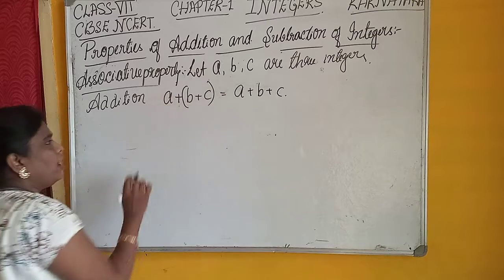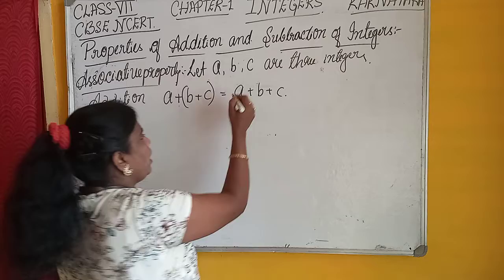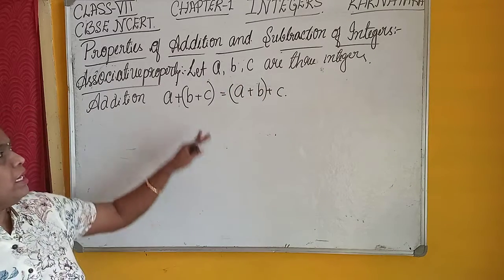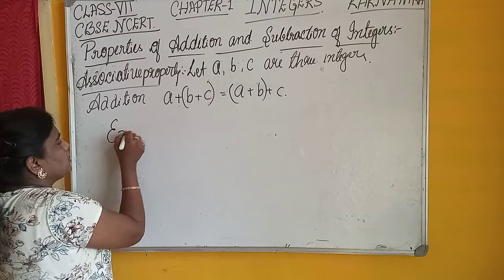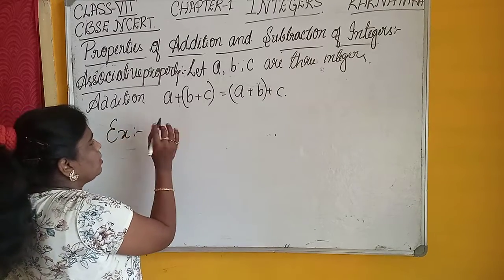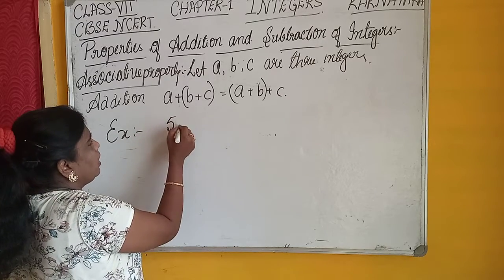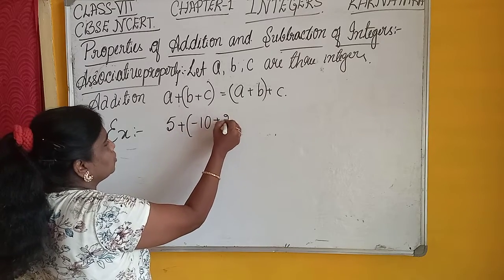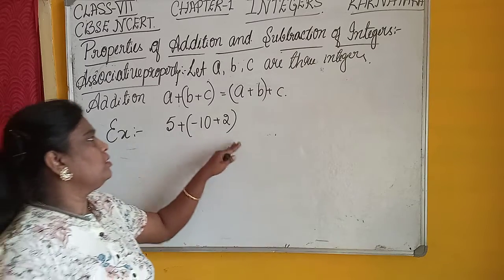Here on one side we group the first and second integers, and on the other side we add the second two integers first. Let us consider an example to prove this. Consider any three integers: 5, minus 10 and 2.